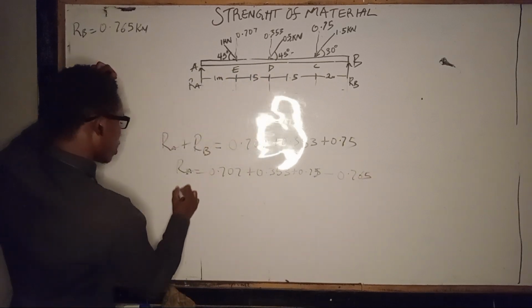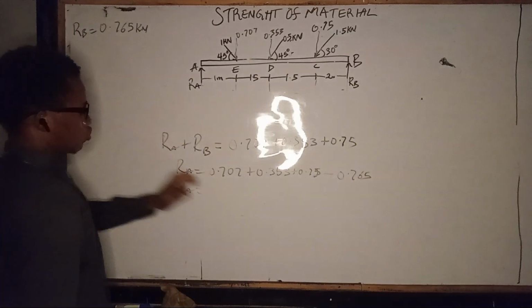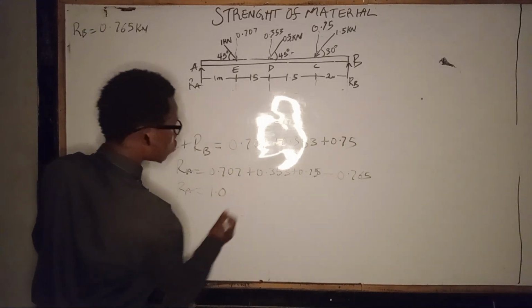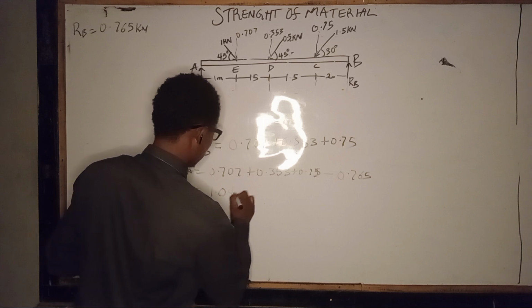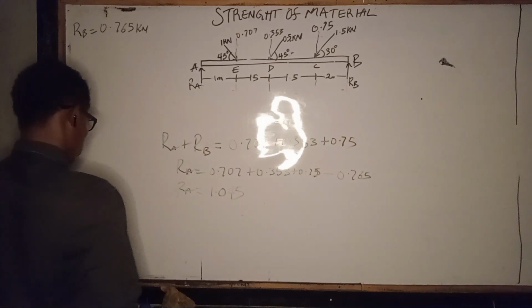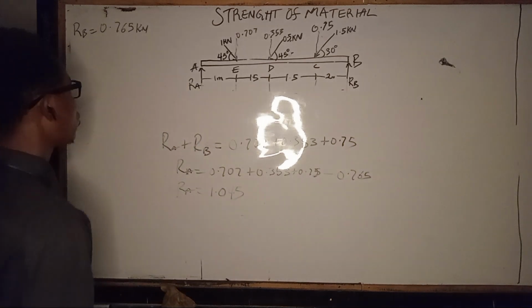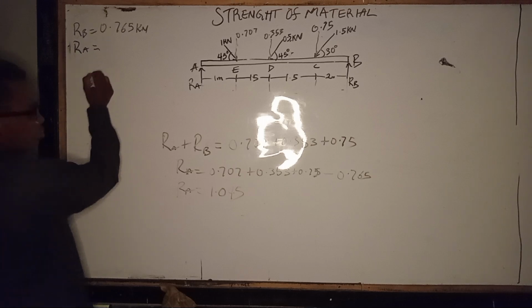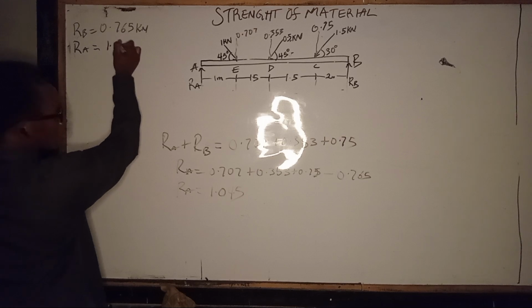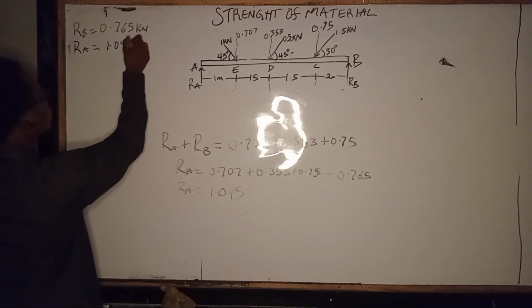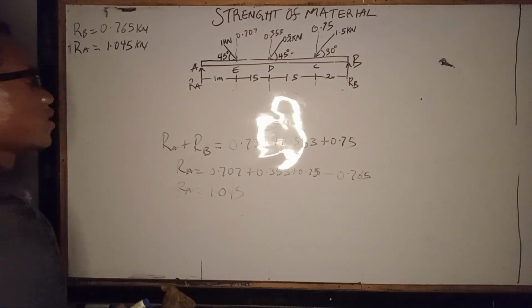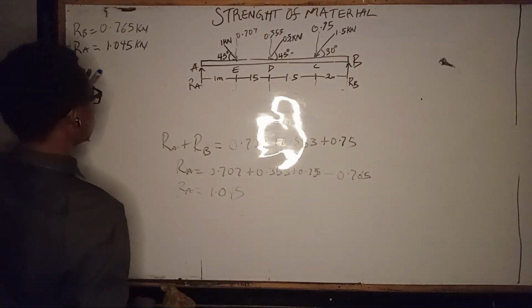We will get our RA to be equal to 1.045 kilonewton. So that will be that.